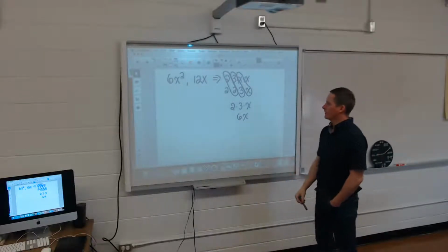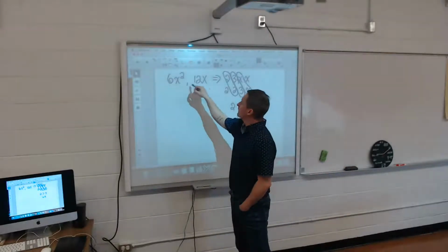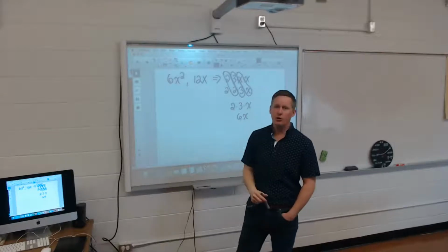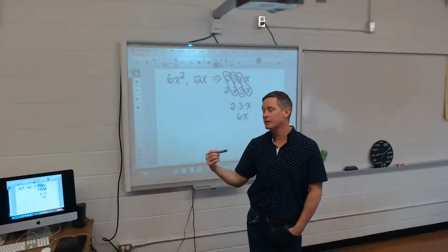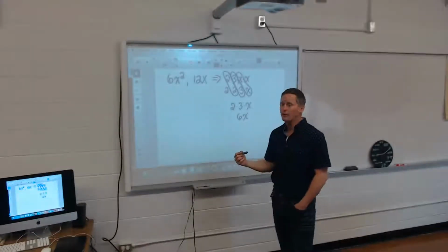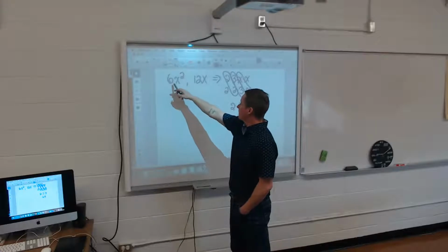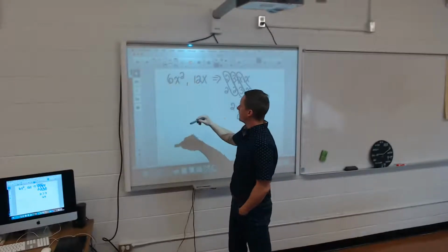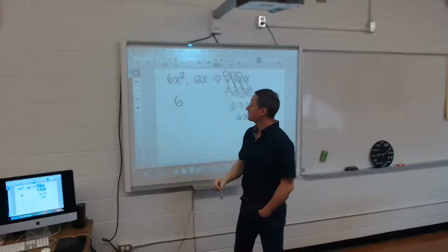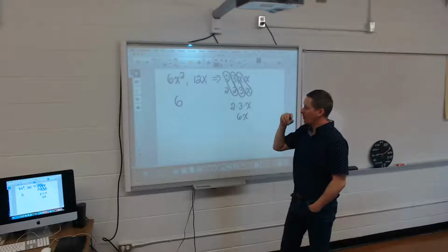greatest common factor out. Now, personally, I look at the whole numbers first, the coefficients, and I look at 6 and 12, and I say, okay, what's the greatest number that goes into 6 and goes into 12 evenly? So looking at it, I know that 6 goes into 12 evenly, and 6 obviously goes into 6 one time, so my greatest common factor for 6 and 12 is 6, which we did on the last board.